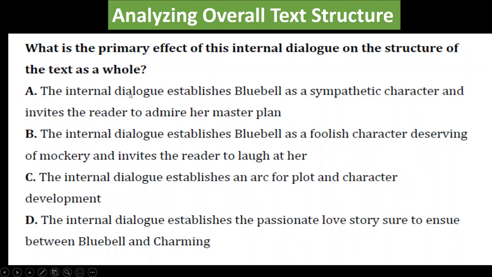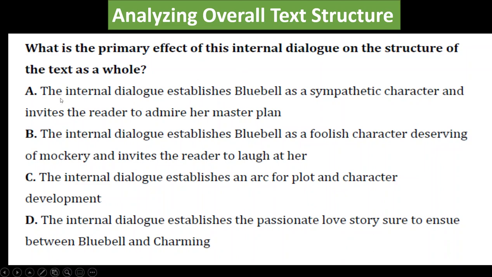So the question here says, the role of the dialogue in the text in relation to the whole structure of the text.